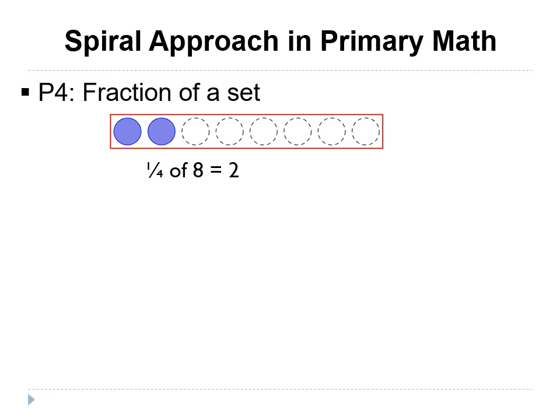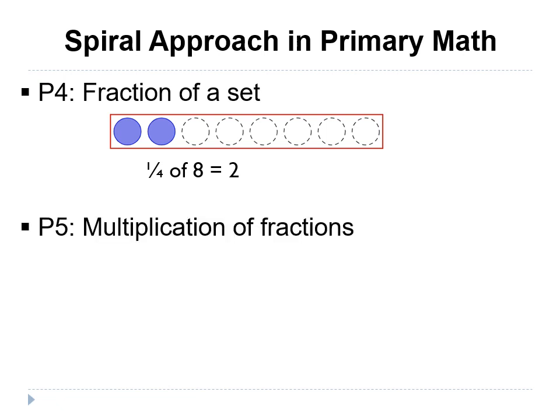In P4, they learn fraction of a set. So in this case, 1/4 of 8 equals 2. Now in primary 5, they will learn something more complex. For example, they will learn what is half of half.